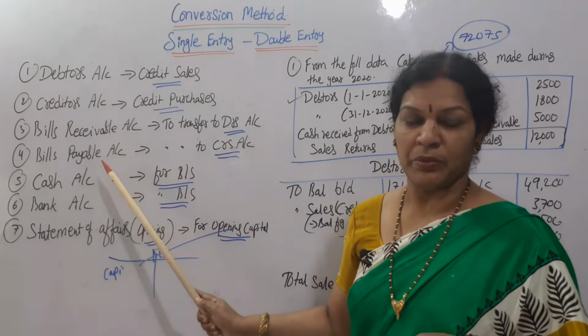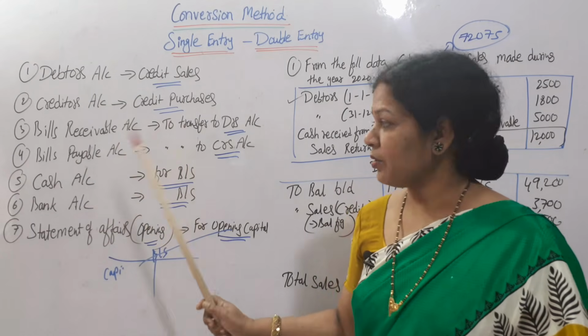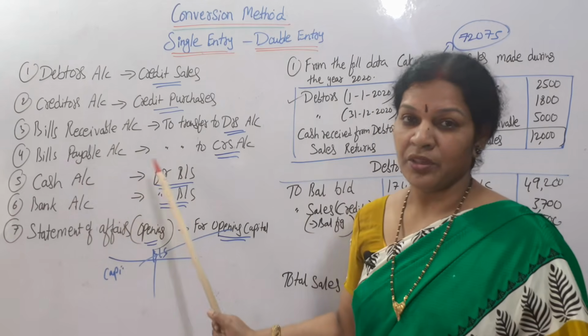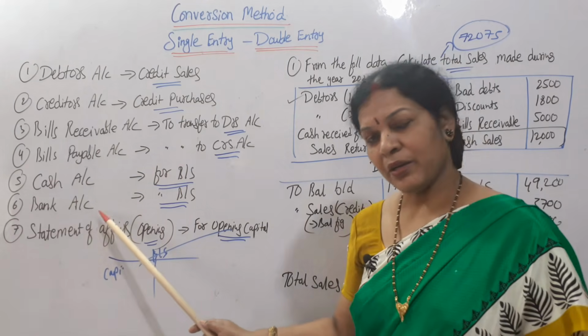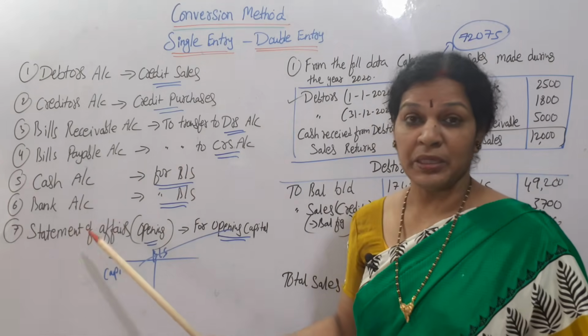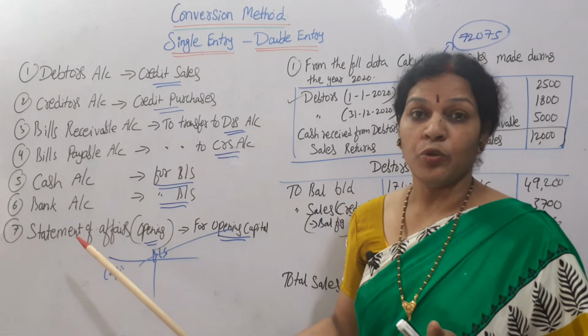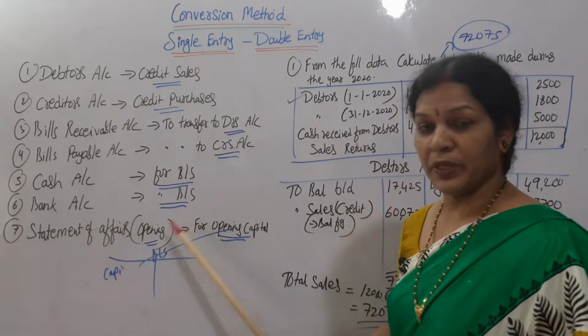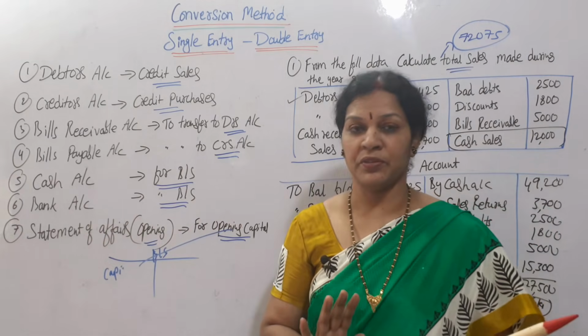In the same way bills payable also is transferred to the creditors account, and the cash account and bank account are for the balance sheet, and the statement of affairs is to know the opening capital.